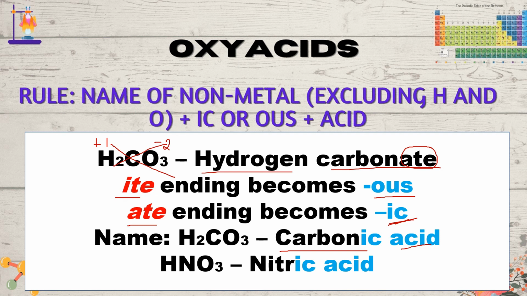So, you can name that as carbonic acid from the carbonate. So, you change the ending to IC plus the word acid. How about HNO3? So, other name for HNO3 is hydrogen nitrate. So, since ATE pa rin yung ending niyan, magiging nitric acid.